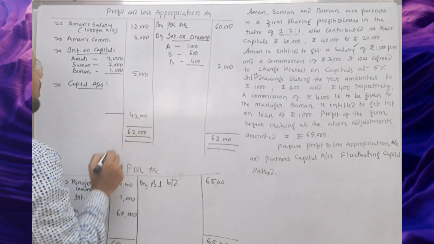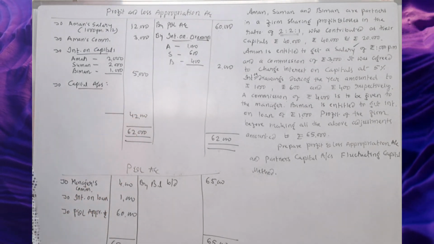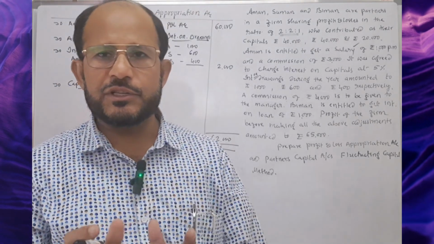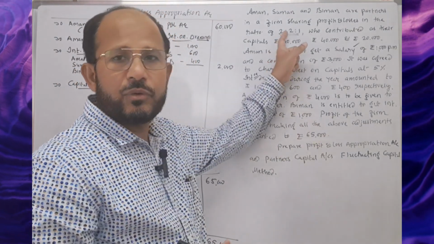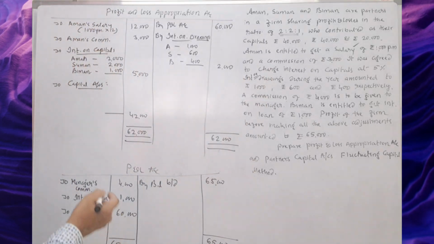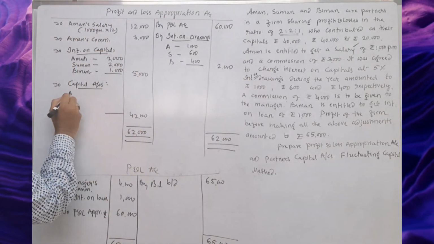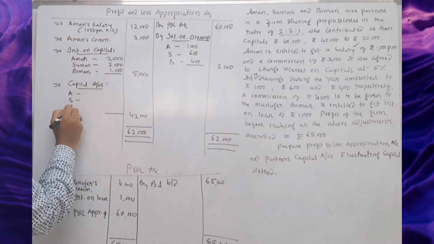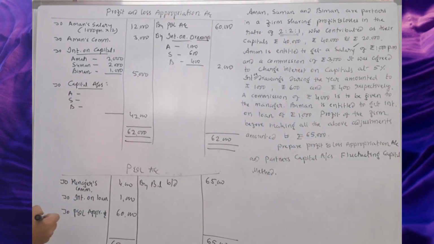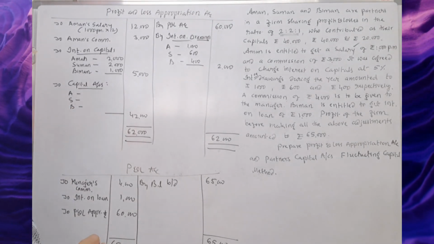This 42,000 is nothing but the profit of the business, which is distributed to partners in the ratio of 2:2:1. That is why Aman, Suman and Biman are going to get this profit in their profit sharing ratio.